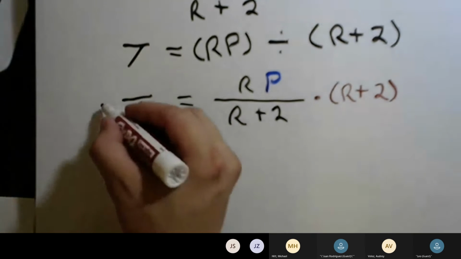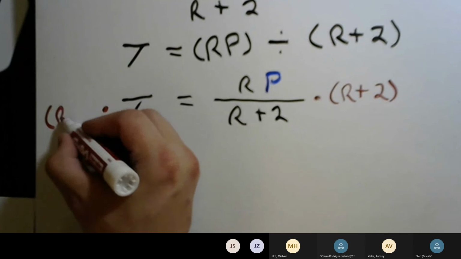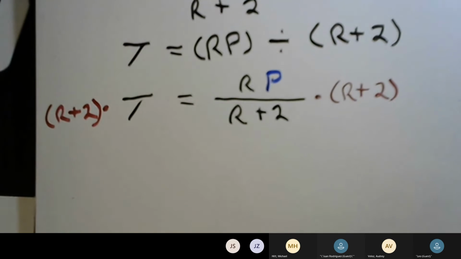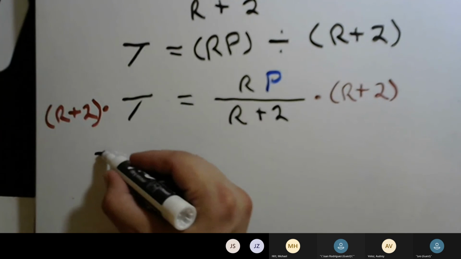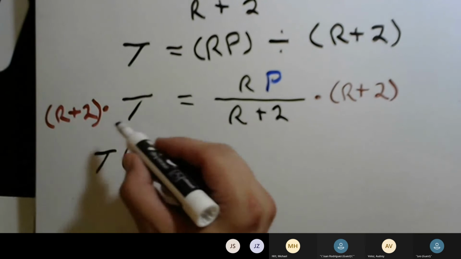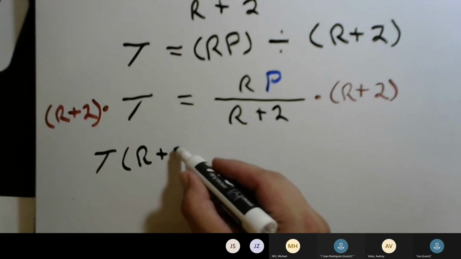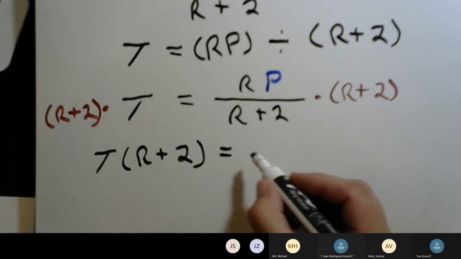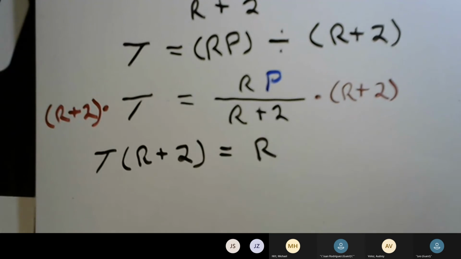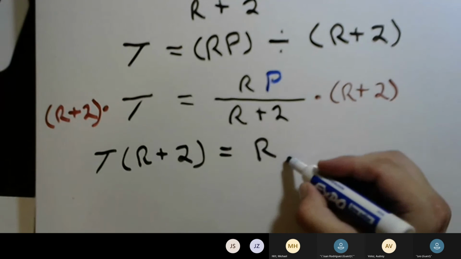And what we do to one side, we do to the other. And so what we'll get is, and we usually put the t in front, but you could just leave it like this if you wanted to. Again, these will cancel because they're opposites. We get RP.